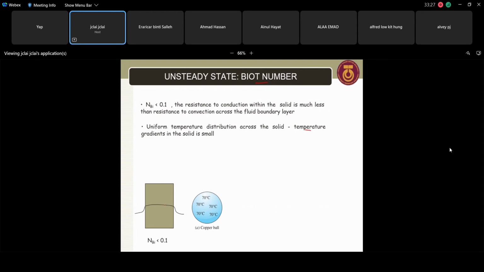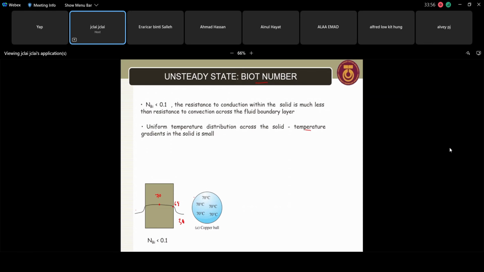Just imagine, this is outside, then this is throughout the body, the cross section. From the center to the surface, the temperature is almost the same. Let's say here is 70, here is maybe 68, and the outside temperature is 30.